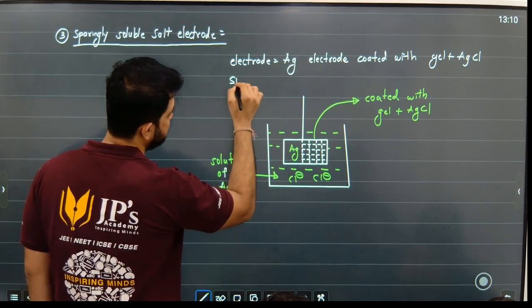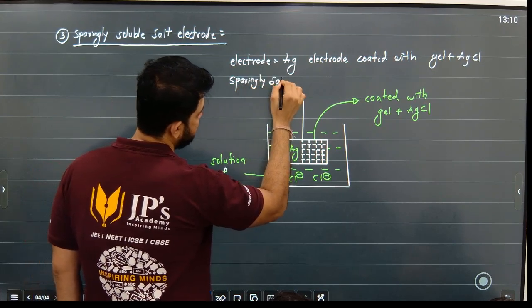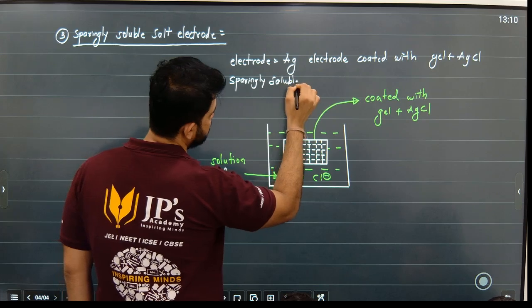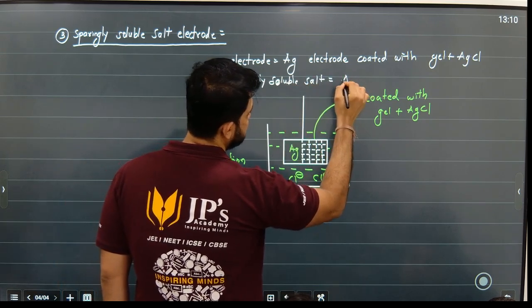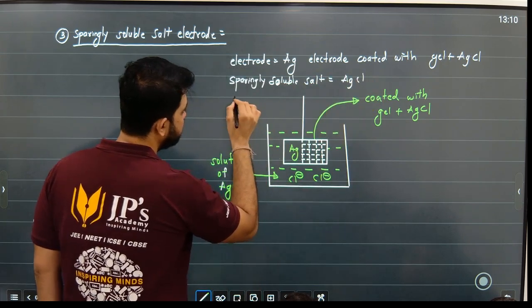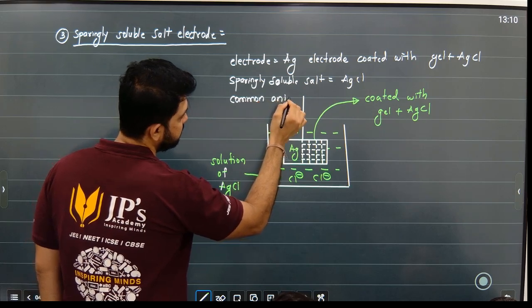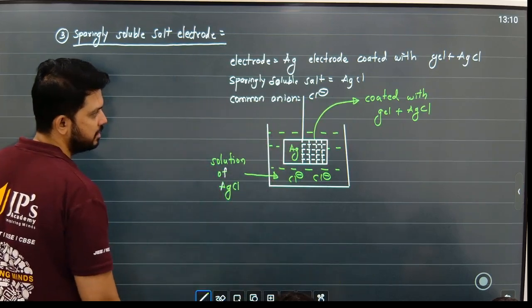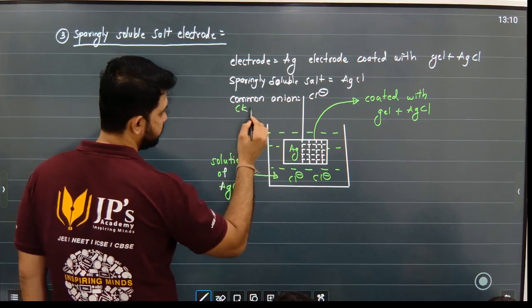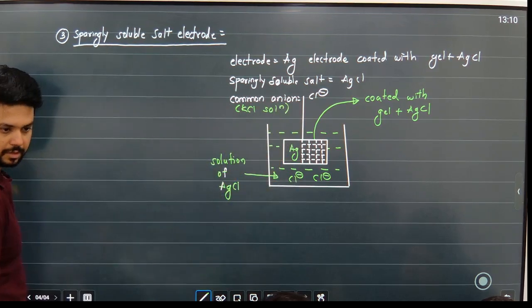I repeat, my AgCl is the sparingly soluble salt, and I need a common anion which I get from KCl solution. Any questions still here? The basic setup.